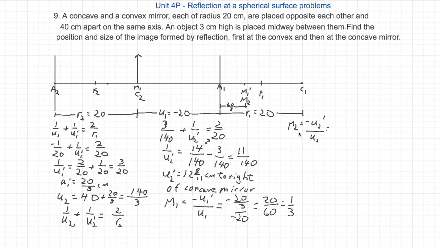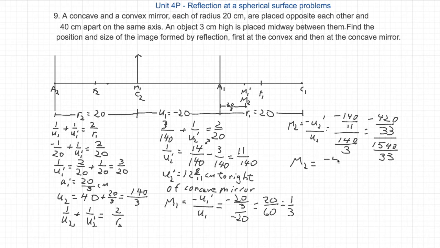Magnification at the second mirror is negative U2 prime over U2. We'll get our common denominator of 33. And we find this magnification at the second mirror, that's M2. That's not the location of the second object. Don't confuse those two M2s. We get negative 21 over 77.